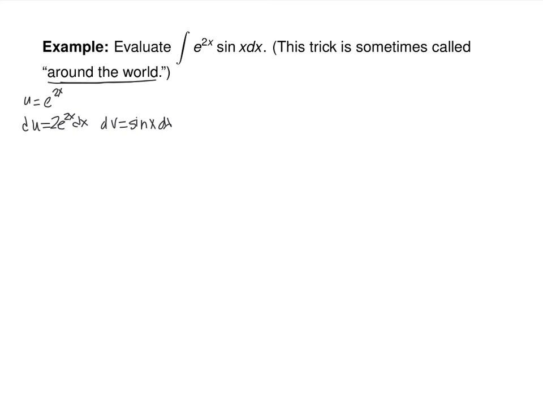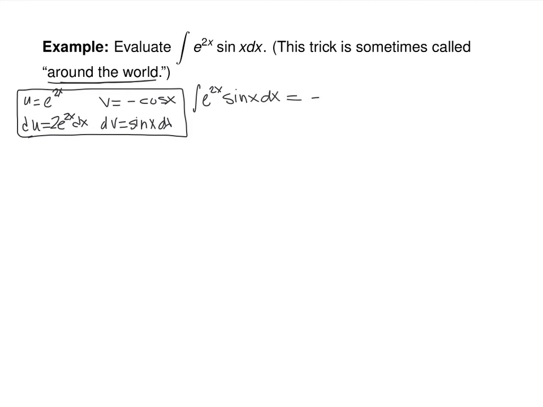If dv is sine x, the antiderivative of sine is negative cosine of x. Okay, so there's round one. We have that the integral of e to the 2x sine x dx is equal to uv, so minus e to the 2x cosine x, minus v du, so minus the integral of negative 2 e to the 2x cosine x dx.